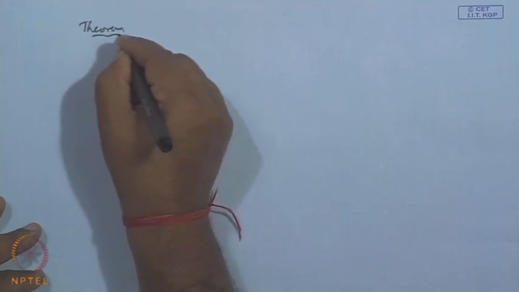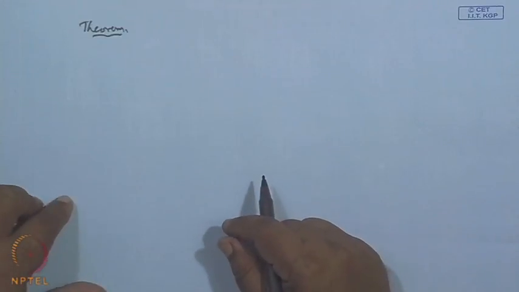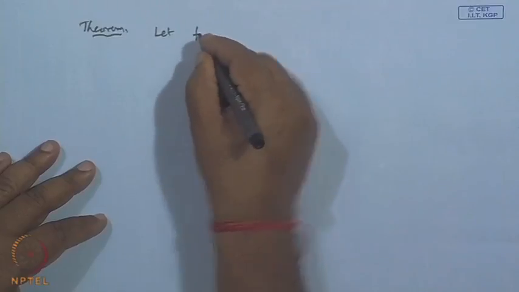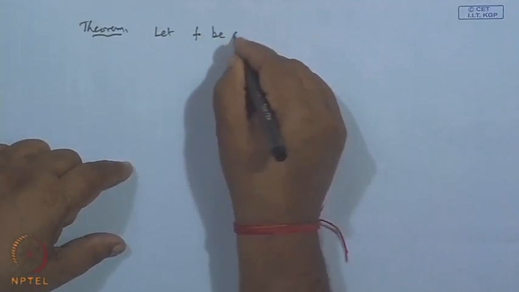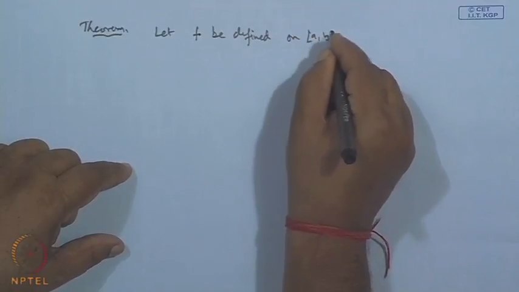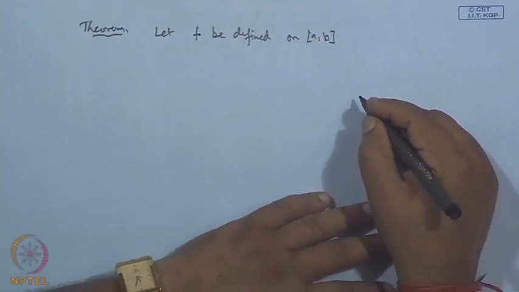Now, an interesting result is that every differentiable function is a continuous function. So, let f be defined on the closed interval [a, b].